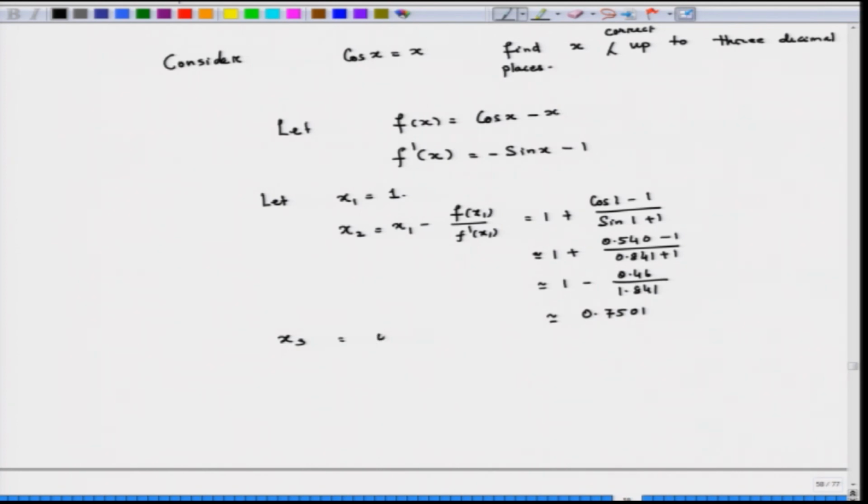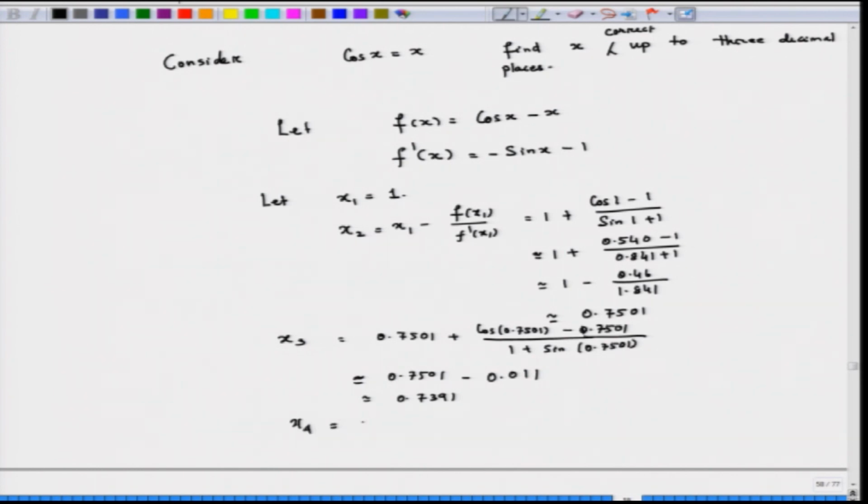So, if you put that, then you are going to get 0.7501 plus cos 0.7501 minus 1 divided by 1 plus sin 0.7501, which is approximately equal to 0.7501 minus 0.011, which is 0.7391.